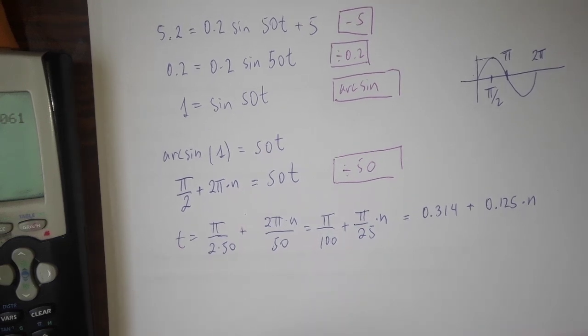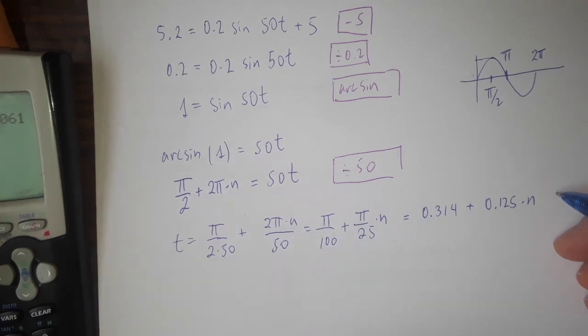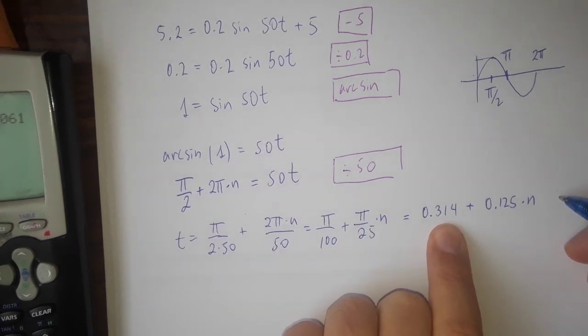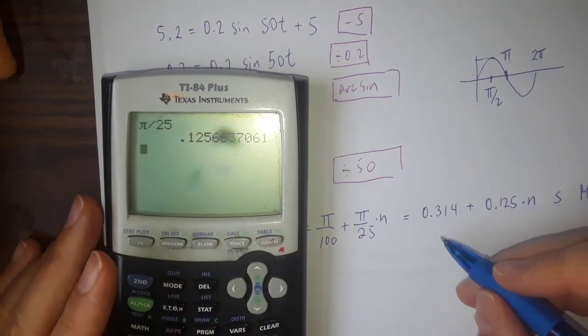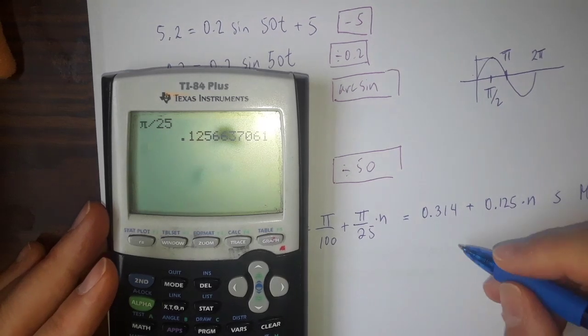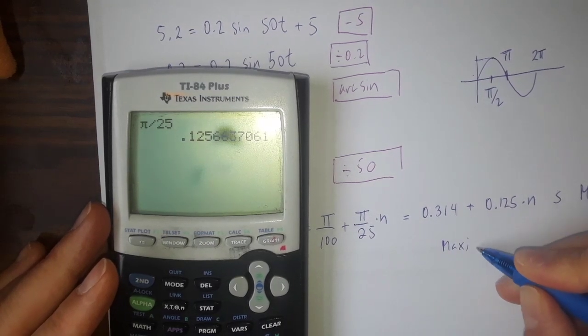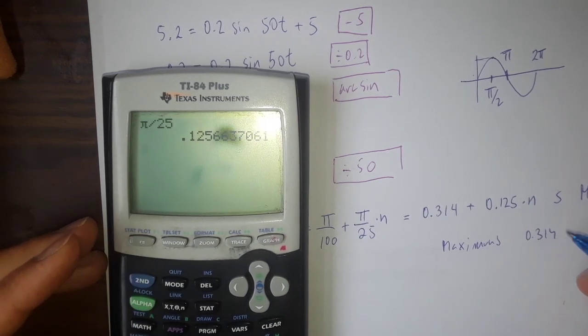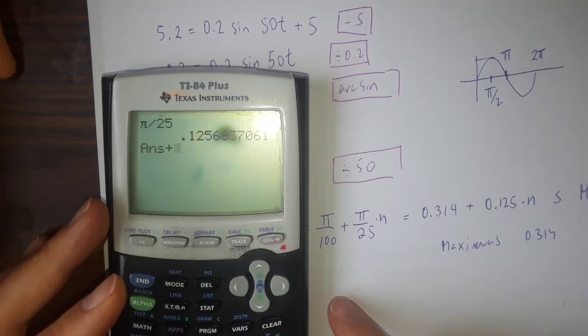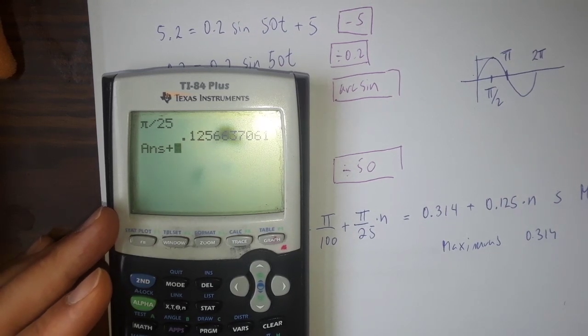So we would do the same thing for the maximums. If we look at the maximums, we have the first one at 0.314, and then plus 0.125.